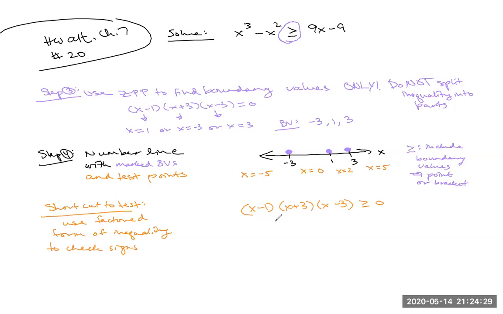Original factored inequality. So essentially what we're saying here is that we want this side here, the left side, to be greater than or equal to 0, so non-negative.